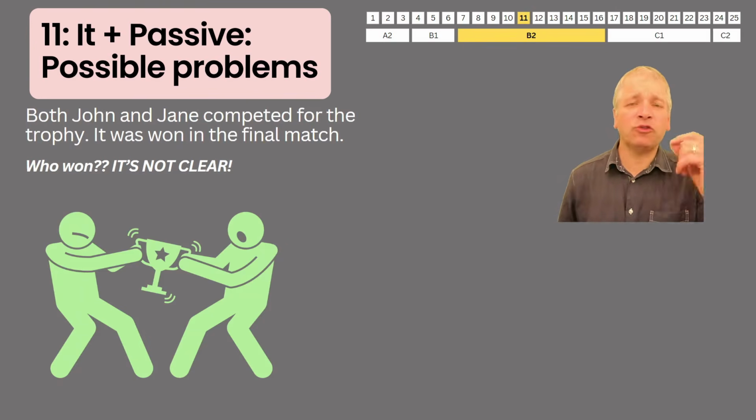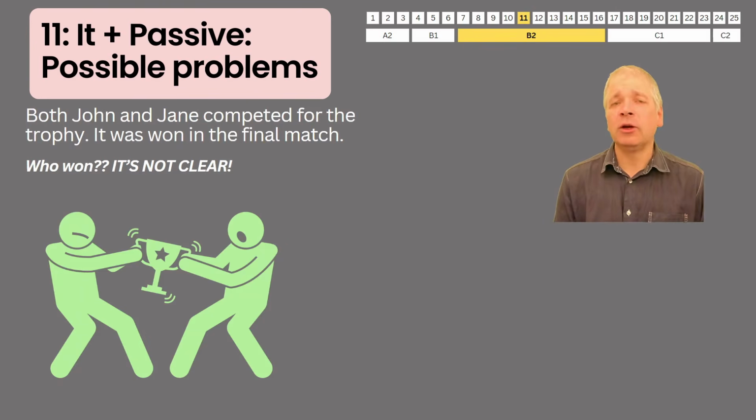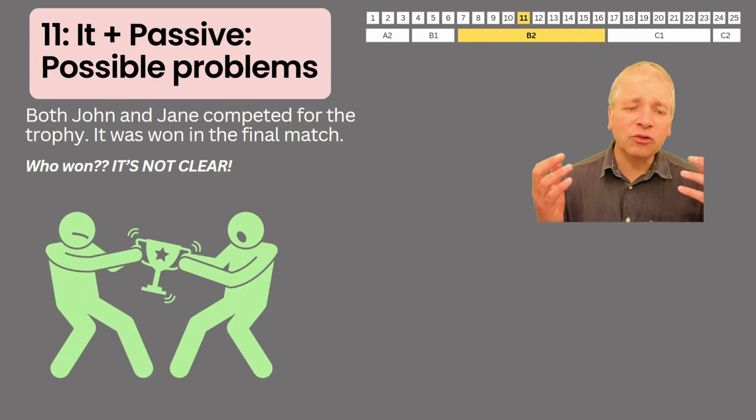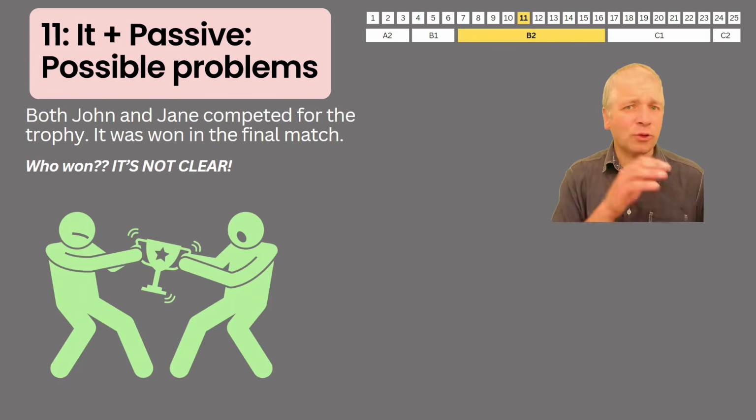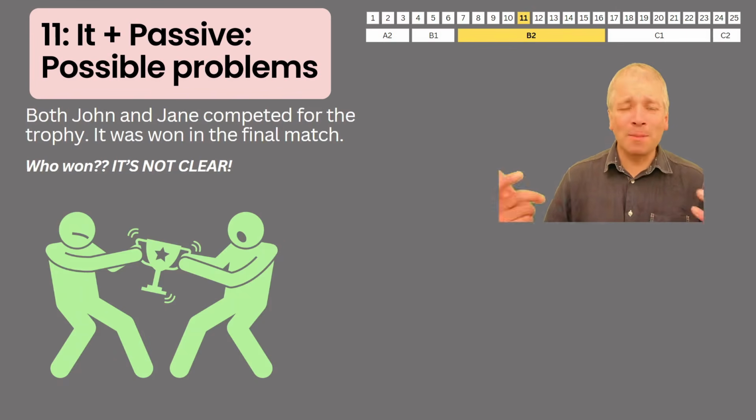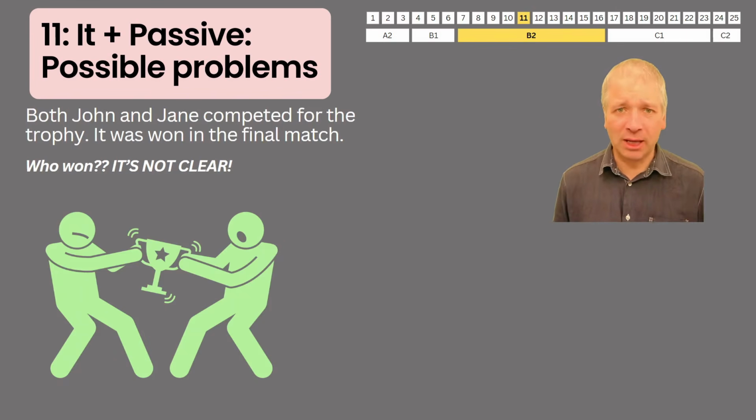Here we have both John and Jane, two subjects in the previous sentence. We also have a trophy. So we have three nouns in the previous sentence. It refers to the trophy, but it's not clear who won the match. There's not enough information here. So be careful when using it.